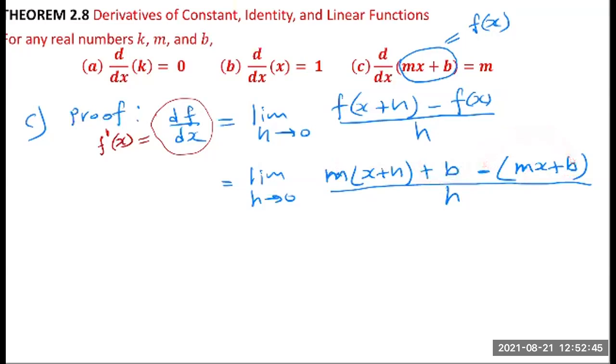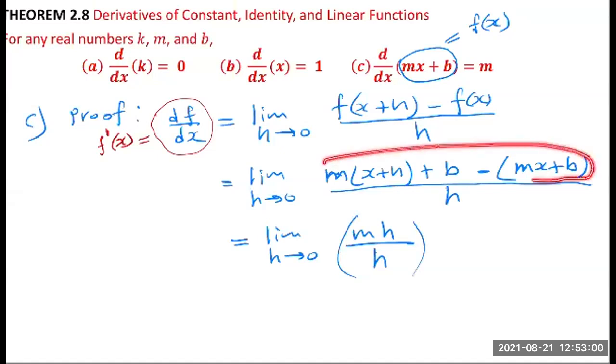What you have in the top would be limit as h approaches 0, m times h, all divided by h. I just did the cancellations. If you remove the parentheses, you will see the cancellation. The only remaining term is m times h. Other terms will be cancelled.